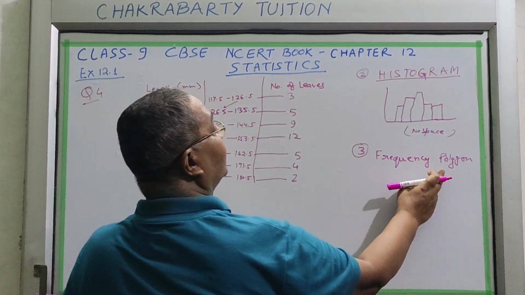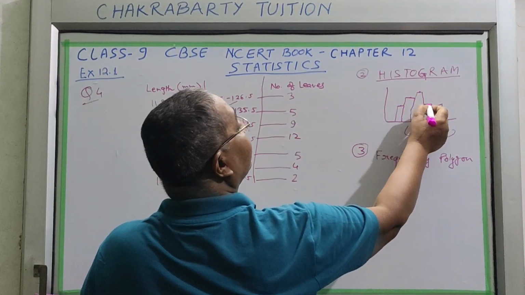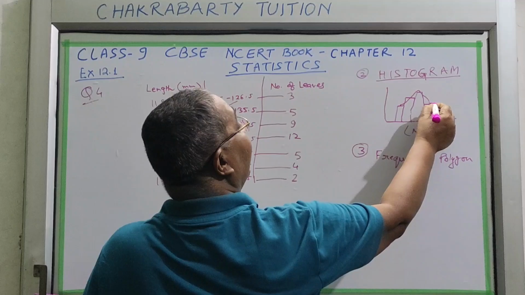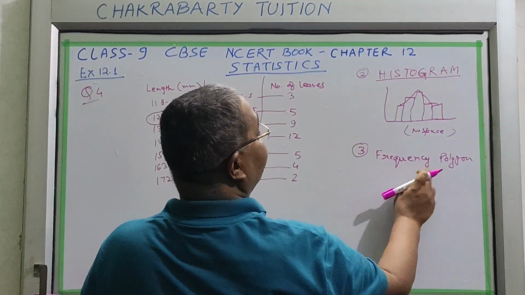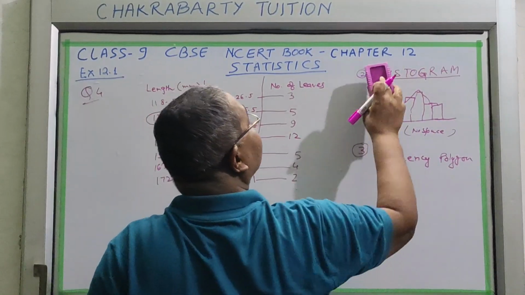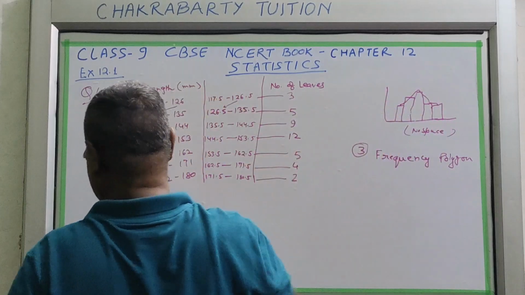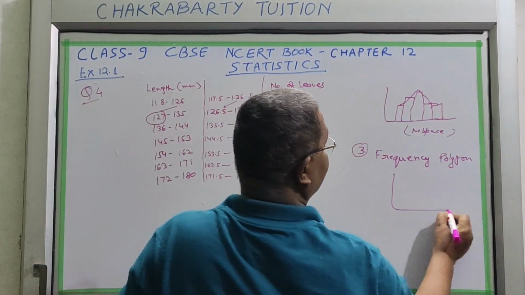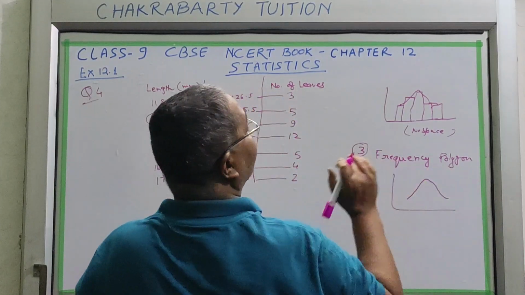In a frequency polygon, what happens? The midpoints are joined together. Like this, and this. If you join them, it becomes a frequency polygon. Your line will be like this, so this is the frequency polygon.